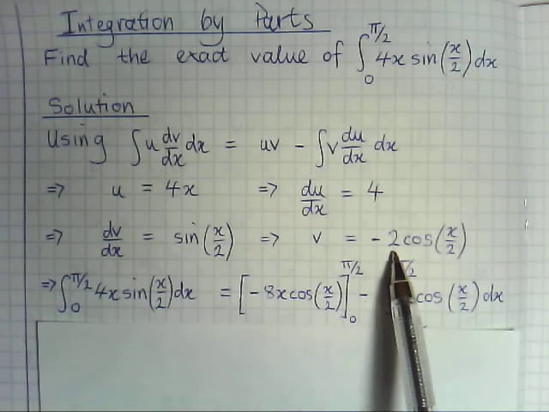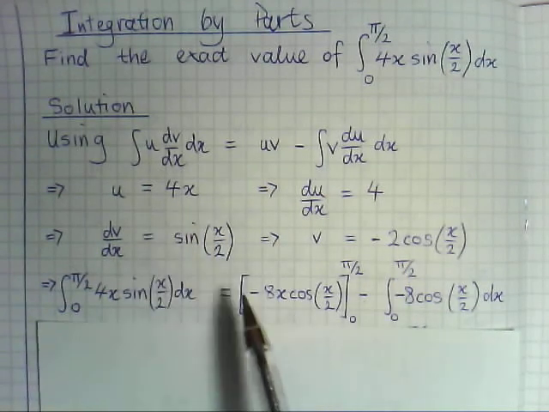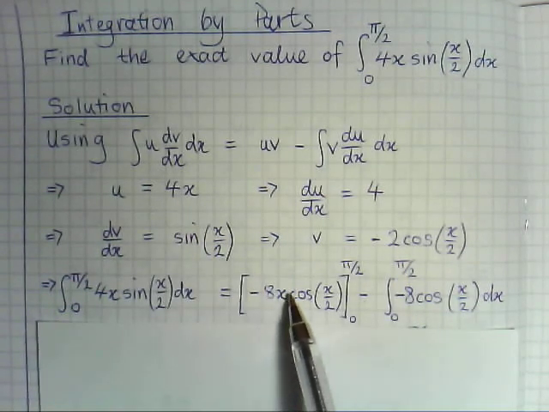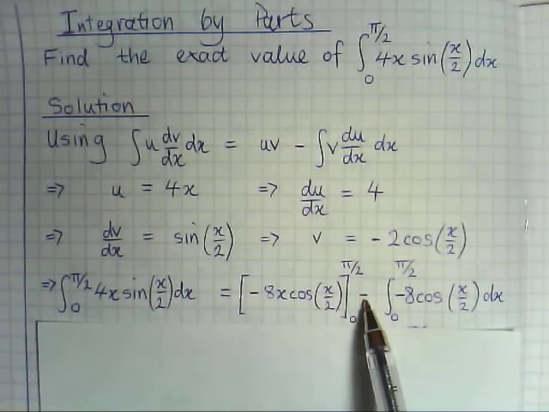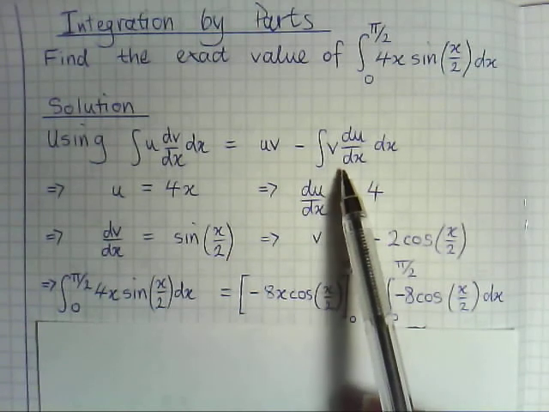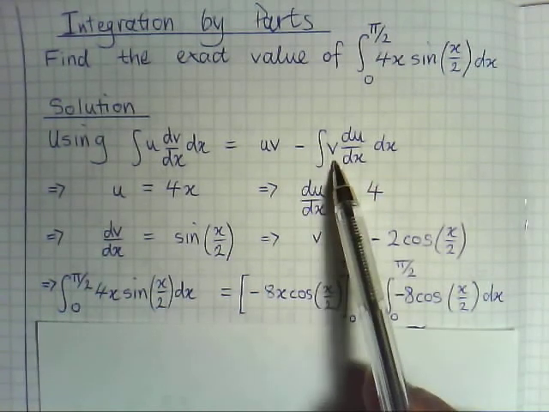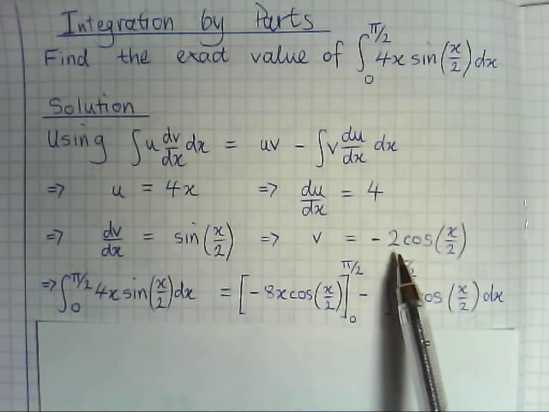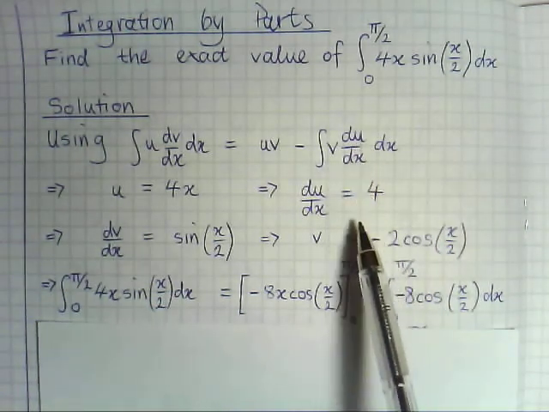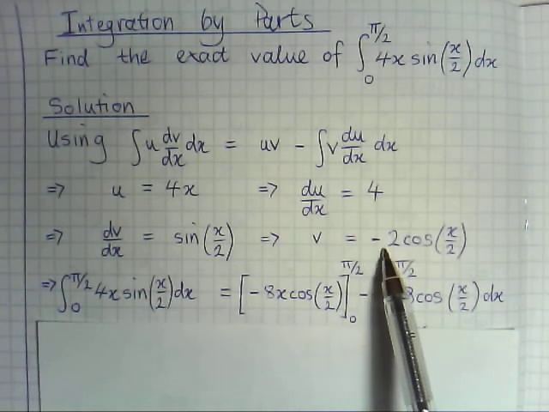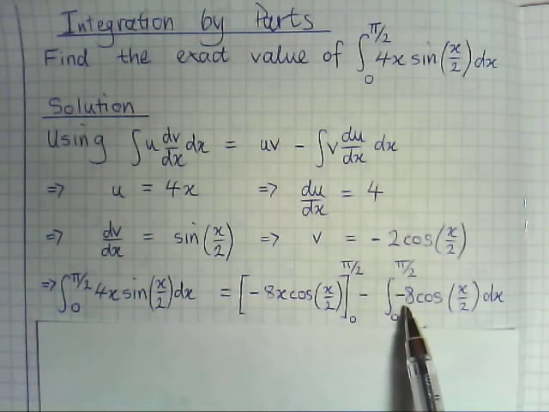So the negative 2 times the 4x gives us this negative 8x term. There's the minus sign. And in terms of the second integration there, we've got v, which just happens to be negative 2 cos x over 2, times du dx, which happens to be 4. So we're going to get a negative 8 term here.